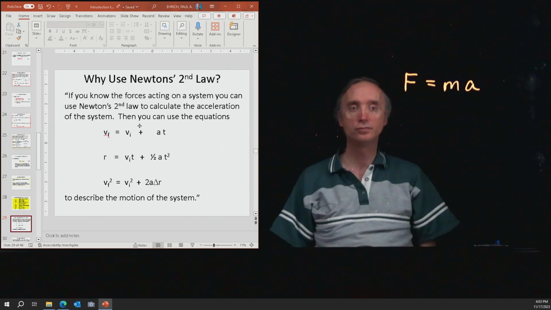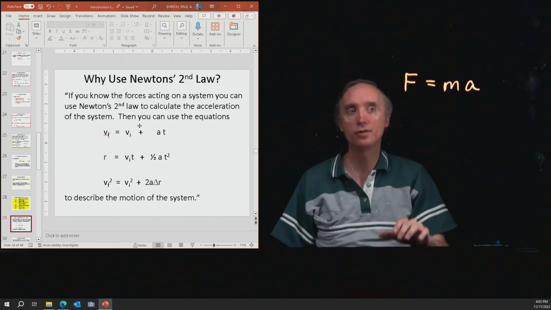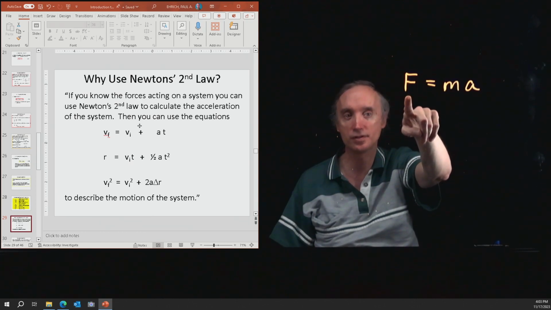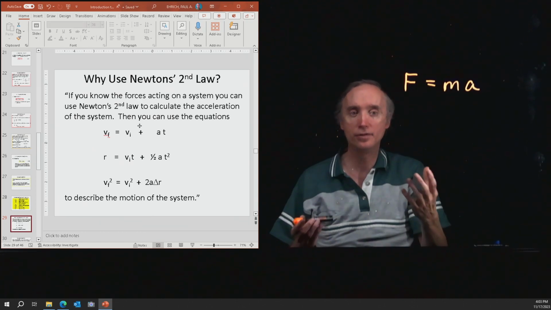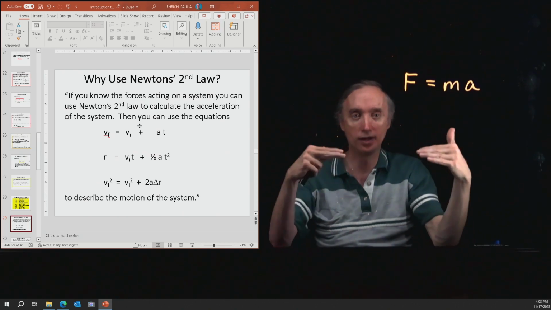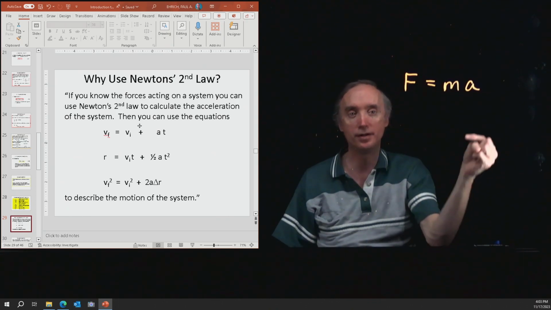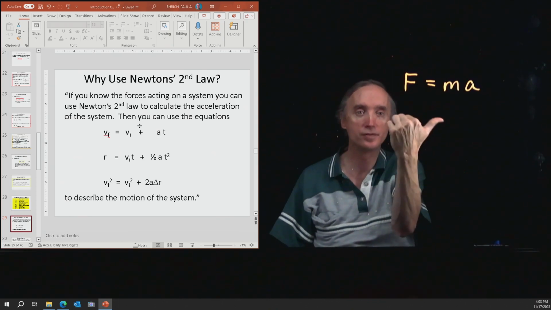So why are we so interested in Newton's second law? So if you know the forces acting on a system, you can add those forces together. If they're parallel, then we just add them, keeping in mind that negative is that way, positive is this way.